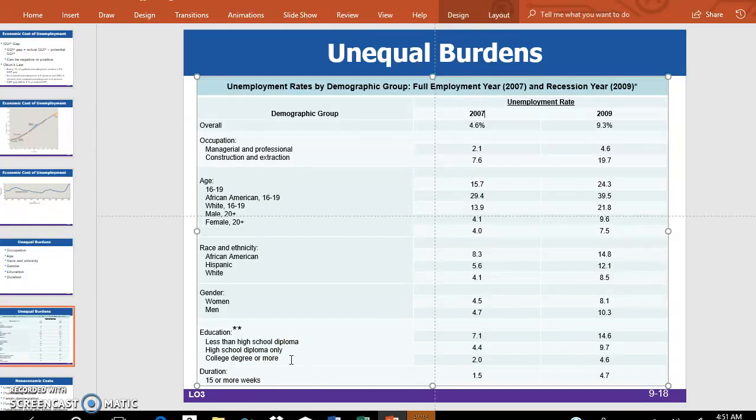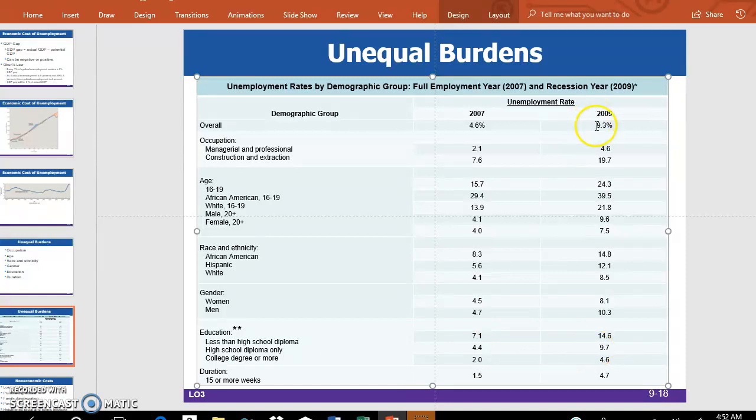Let us now look at this education. See, for this education we have less than high school diploma unemployment rate 4.4, almost equal to the national level, right? But then for 2009 unemployment is 9.7, jumps from 4.4 to 9.7.